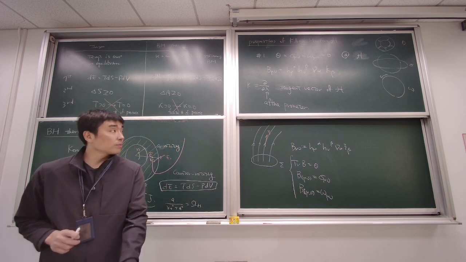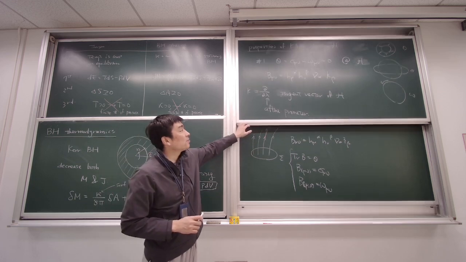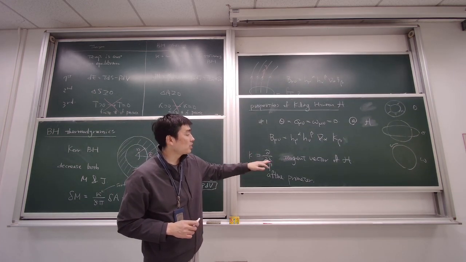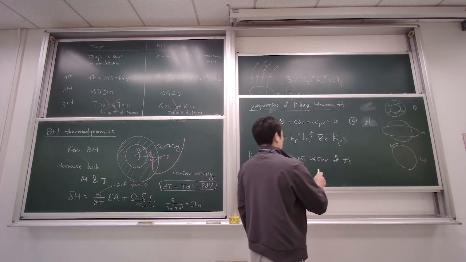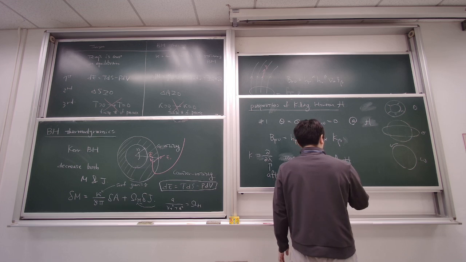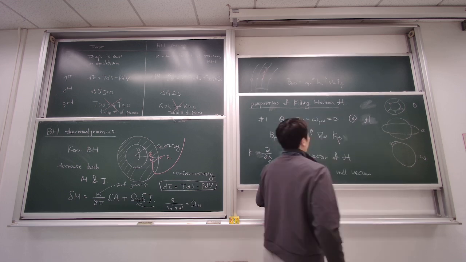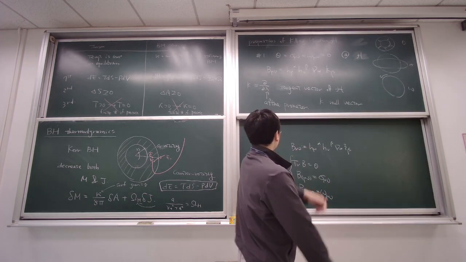In this case, k is a null vector. In the case of null, we just define it.